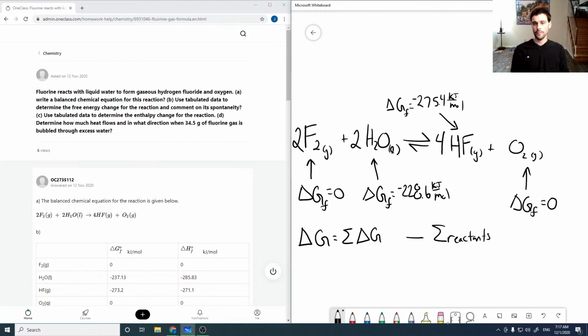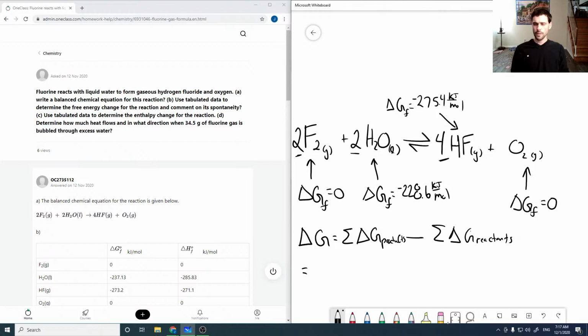Delta G of our products minus the delta G's of our reactants, where each of these needs to be multiplied by its appropriate coefficient.